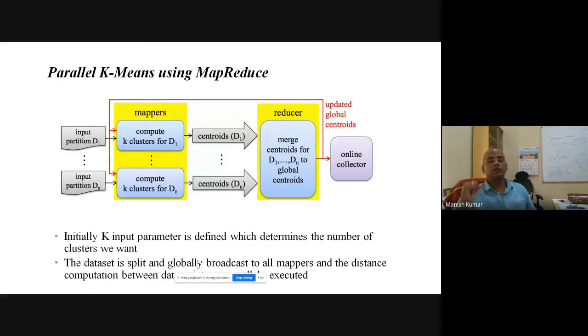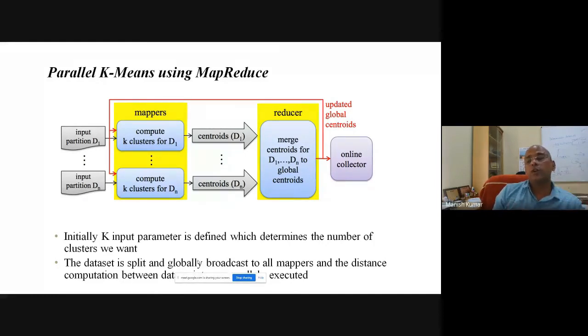Now this figure will tell you how you can parallelize your k-means. This is an instance I have taken from a MapReduce implementation of k-means. MapReduce is an implementation where we can process things in parallel.